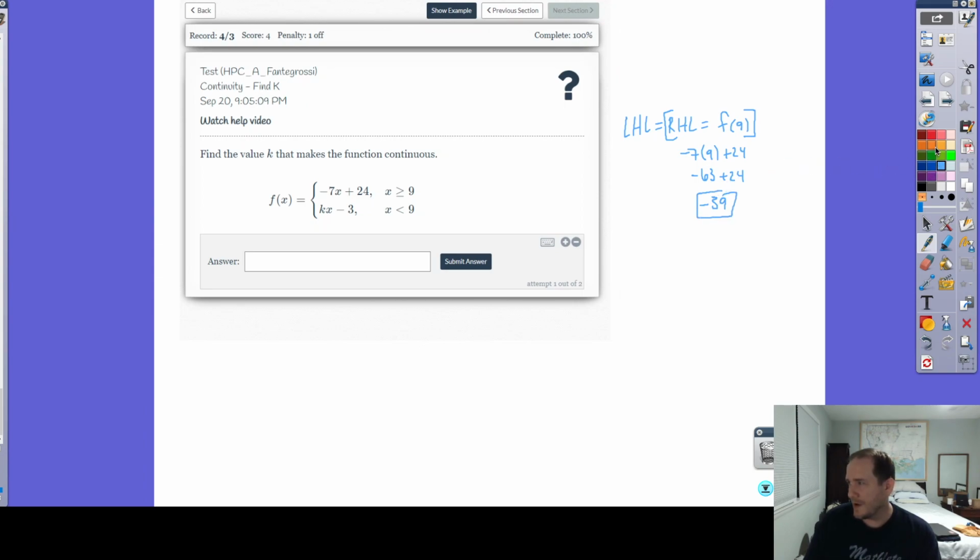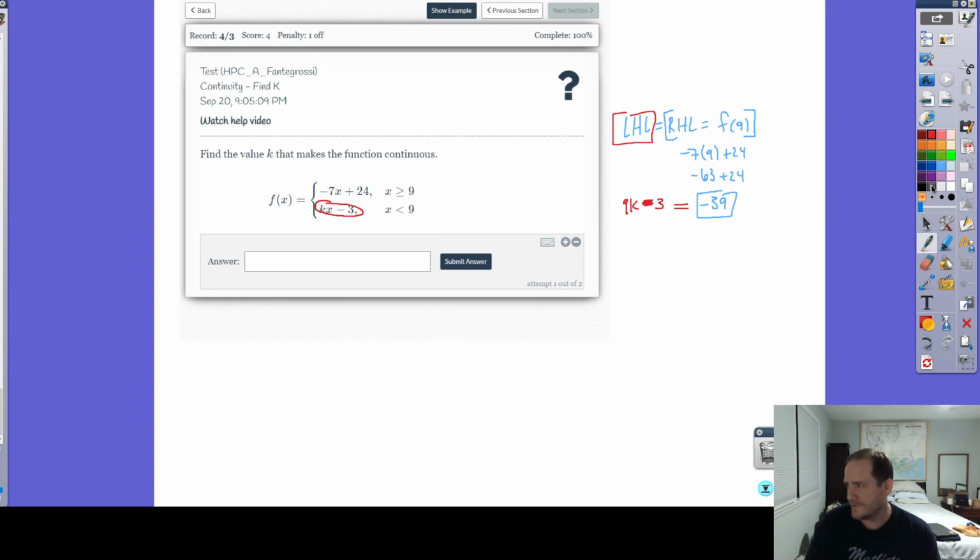Okay, but we also need this to equal the left-hand limit. And the left-hand limit is going to be given by this expression. This expression involves a k. So when we go to plug the 9 in for x, we're going to have an equation. We're going to have 9k minus 3. Silly me. And we need that to equal the same thing as our right-hand limit. So you set it equal to your negative 39.